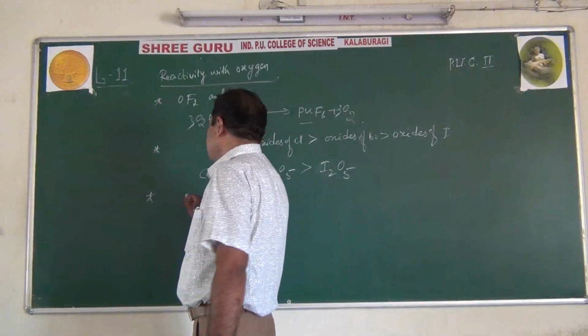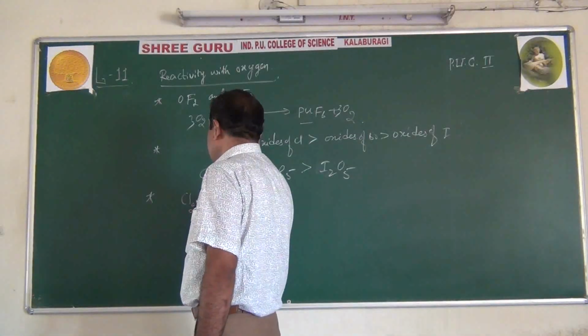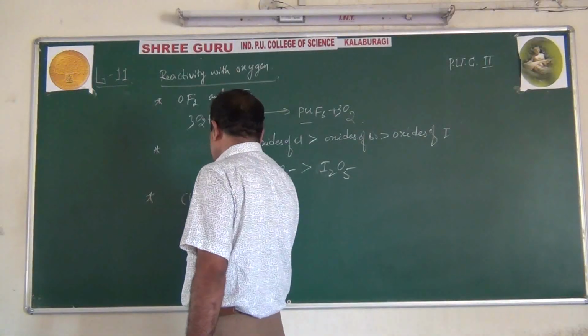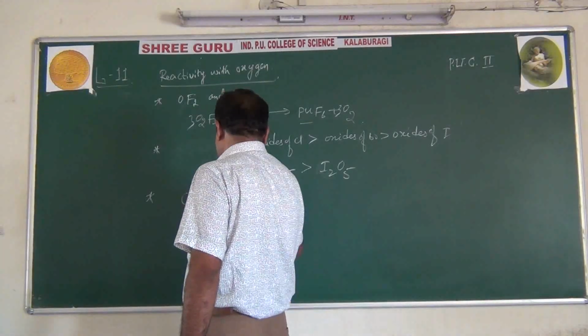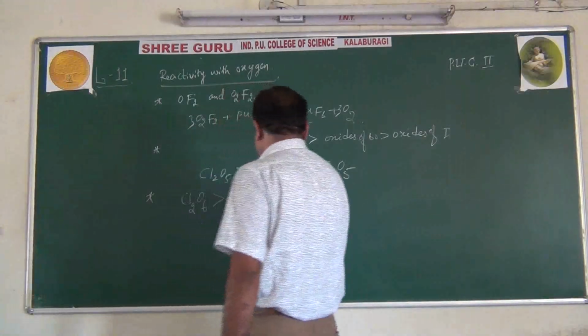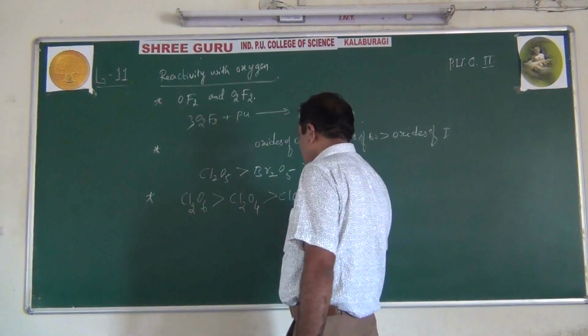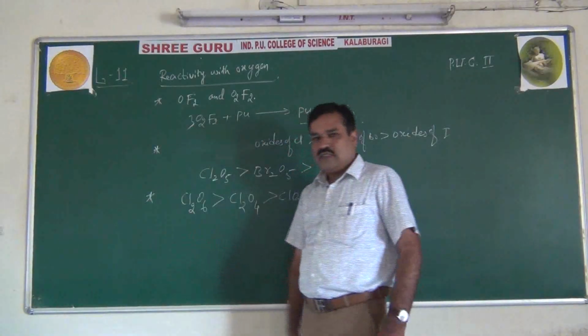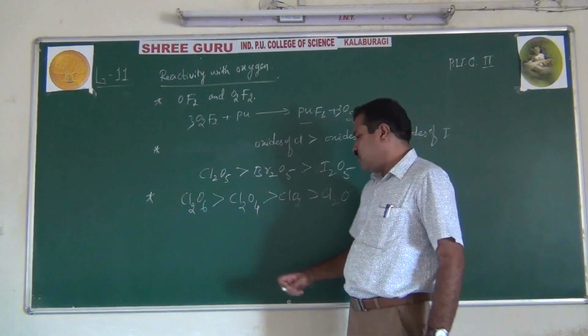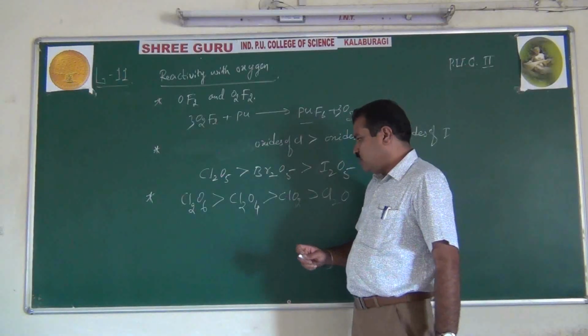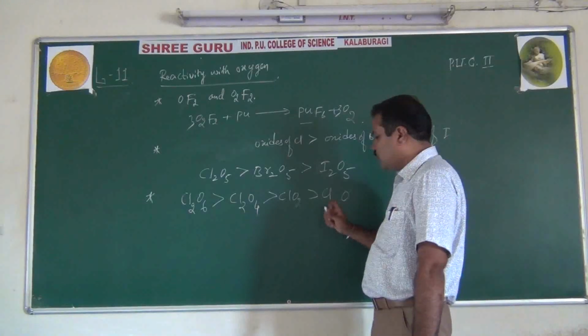Apart from this, chlorine also exists as Cl2O6, Cl2O4, Cl2O and so on. Here +6 oxidation state, here +4, and here +2.